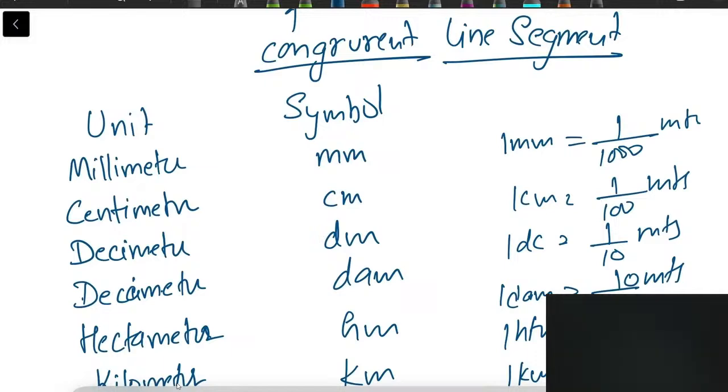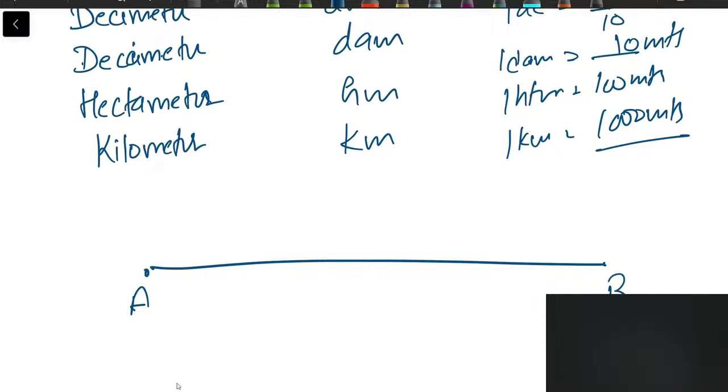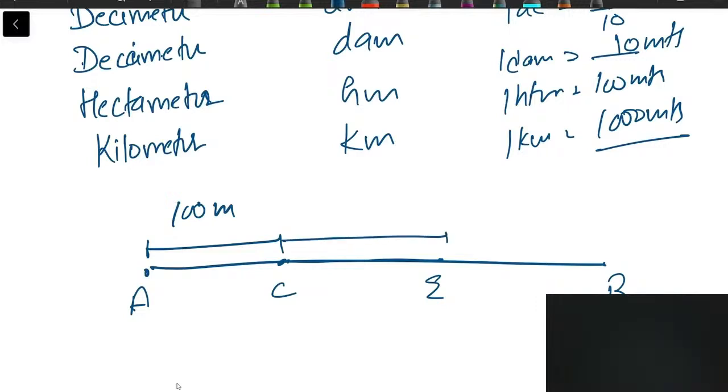And one more thing, how we represent this. If a person travels from point A to B, and when he reaches point C the distance is 100 meters, then he reaches point E, where the distance is 1 kilometer. Then he travels another 5 kilometers.